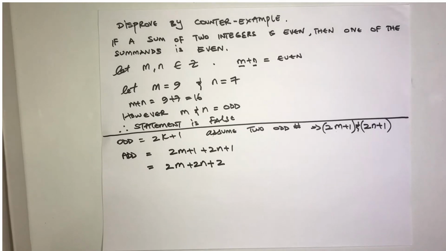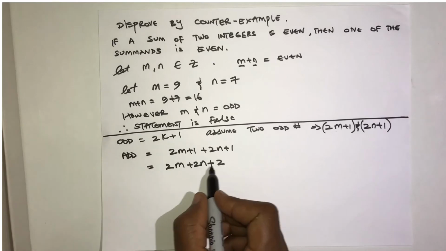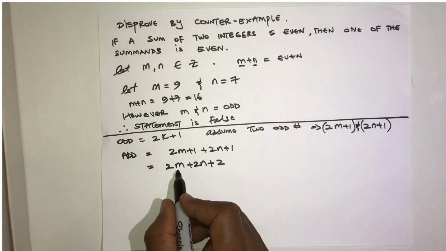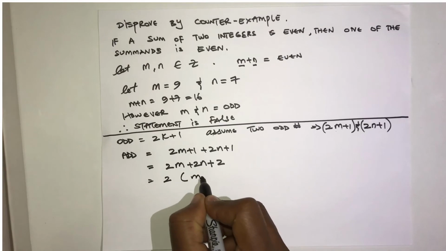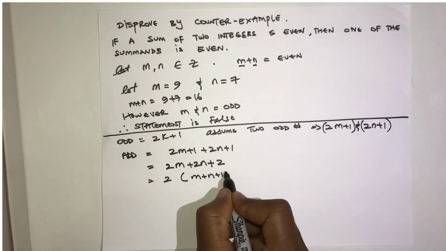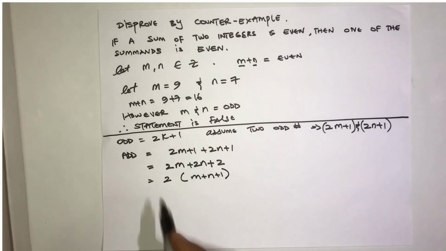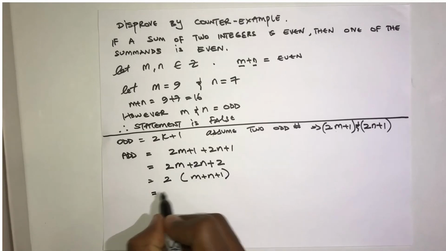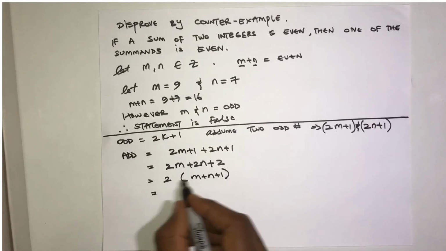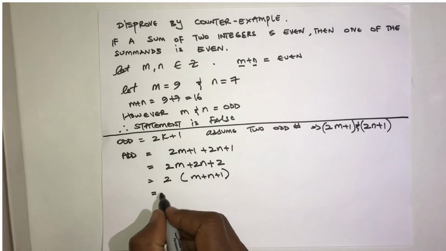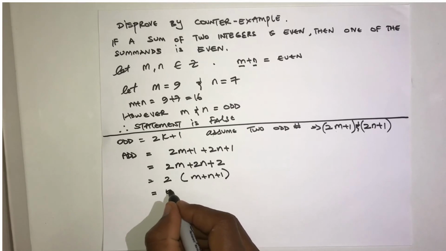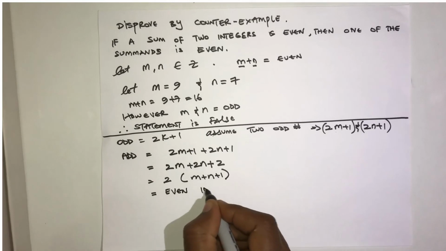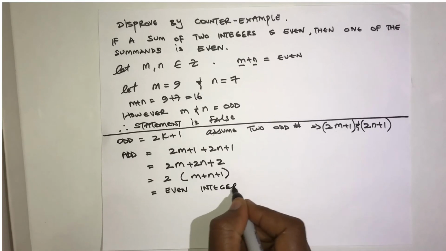Now, based on this we can factorize, and this will be 2 times m plus n plus 1. Now, this here is an integer, but not just any integer. This here is an even integer.